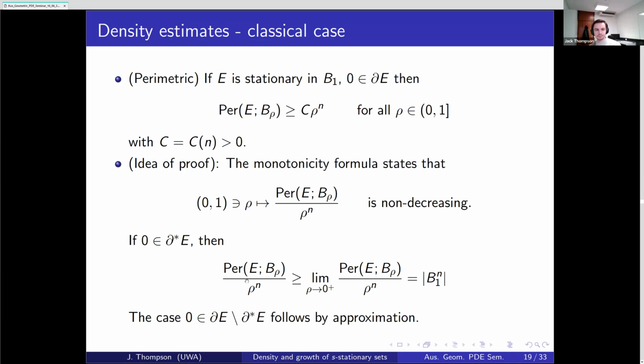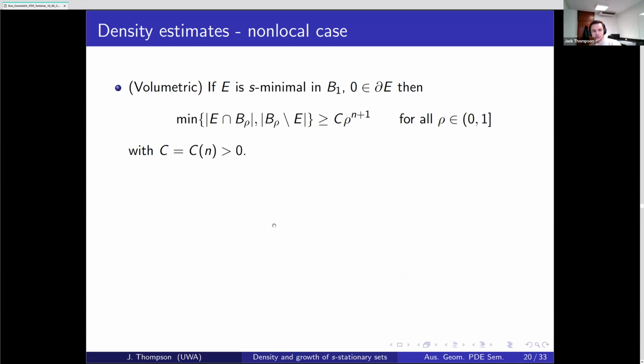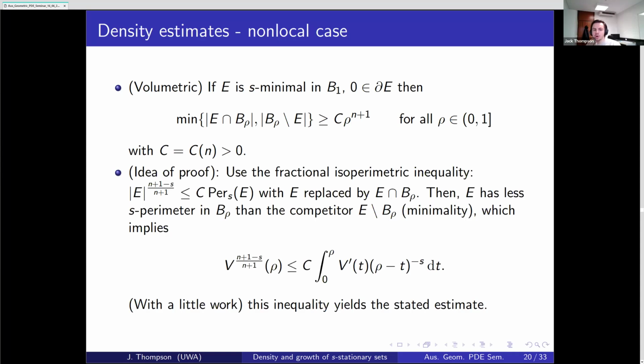Okay, so this is the classical case. In the non-local case, the volumetric estimate is known if I'm S-minimal, so I'm a minimizer again. And the proof is morally the same, but with more effort, let's say. So the idea is there is a fractional isoperimetric inequality.